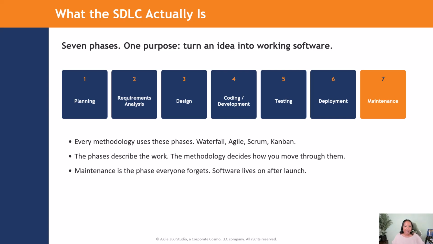Next is design, where we decide how it will look and work. Then coding or development, which is actually building it. Then testing, proving that it works the way we say it would. Then deployment, which is releasing it to real users. And then maintenance, keeping it healthy after launch, because software is never really done.